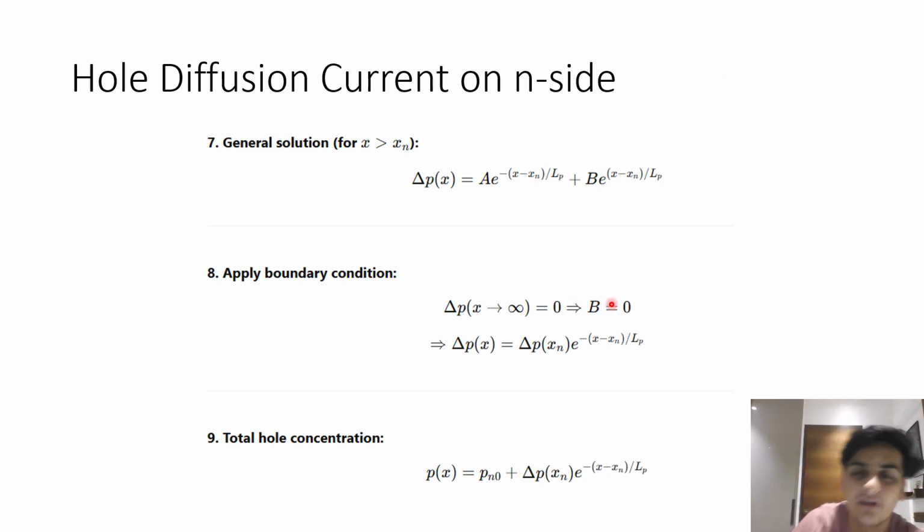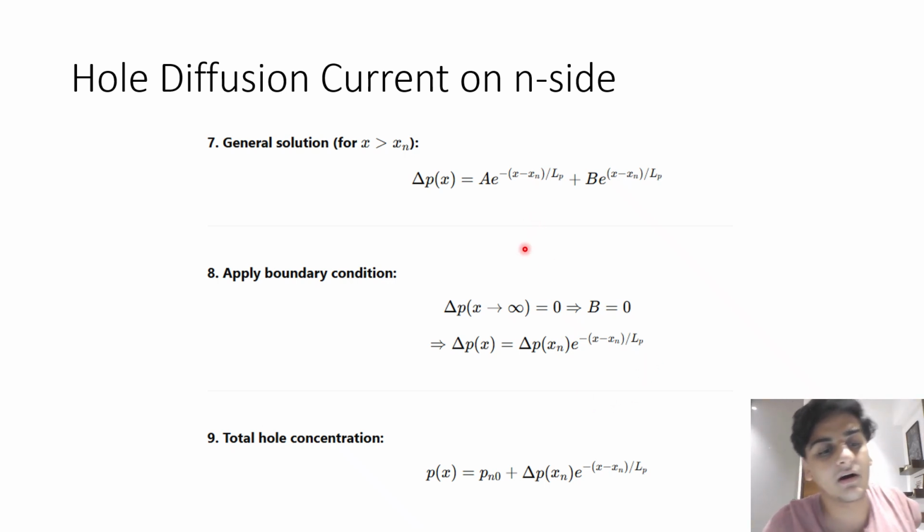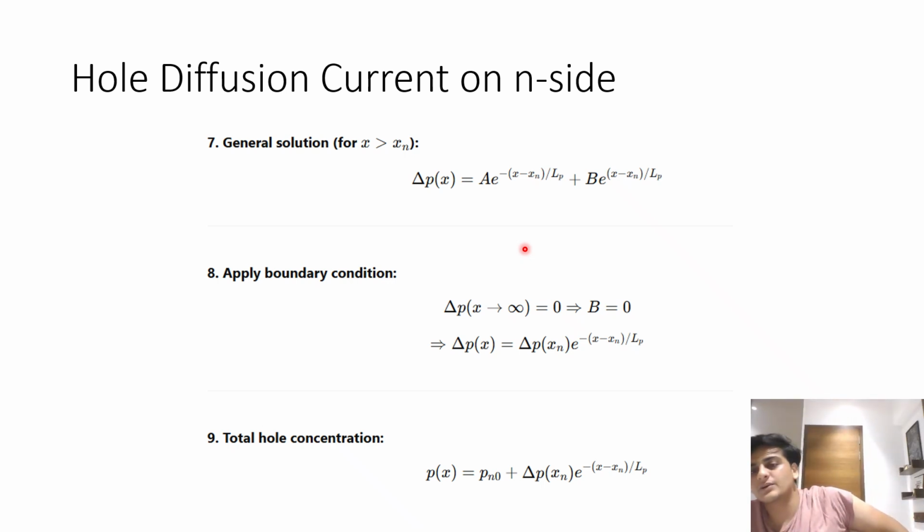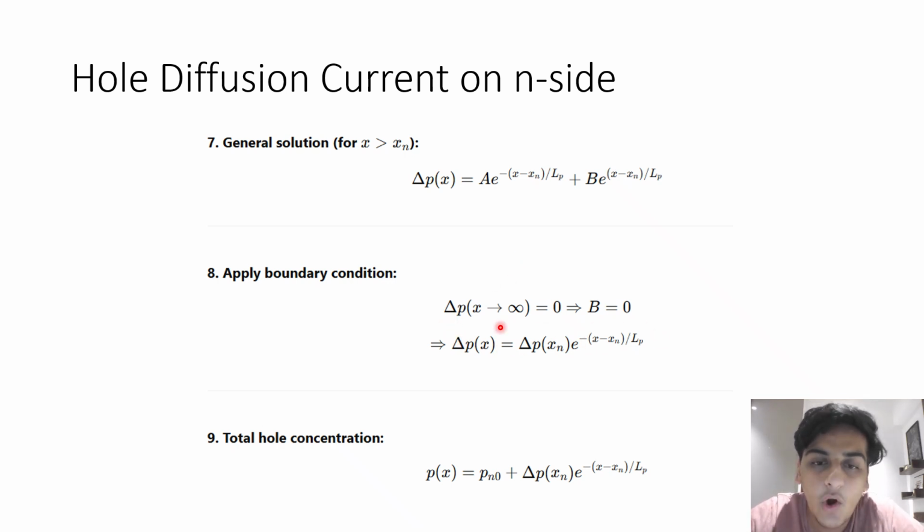And the second boundary condition is that at x equal to x_n, delta p(x) is given by our delta p(x_n) quantity, which we derived in the previous slide, with that exponential e to the power qV_F by k_BT minus 1 dependence. So this is how we get this hole concentration as a function of x.